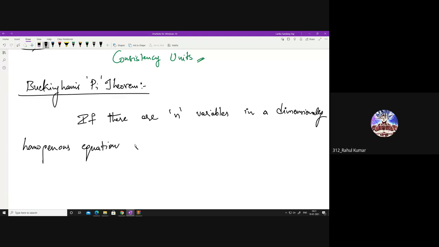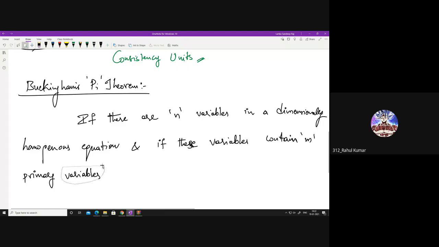And if these variables contain m number of primary variables, where instead of calling it a variable, let me call it a dimension.